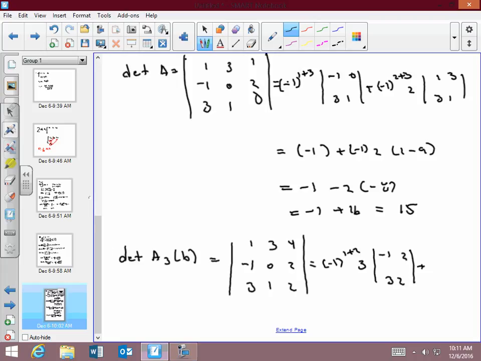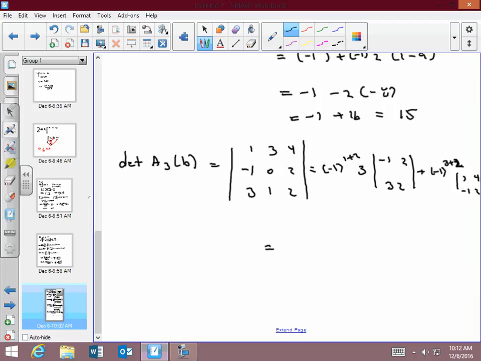plus a minus 1, and that's going to be down there. That's third row, second column. And it's 1, and then that's that cofactor. 1, 4, minus 1, and 2. Kind of ran out of room. So this is a negative 3, isn't it?